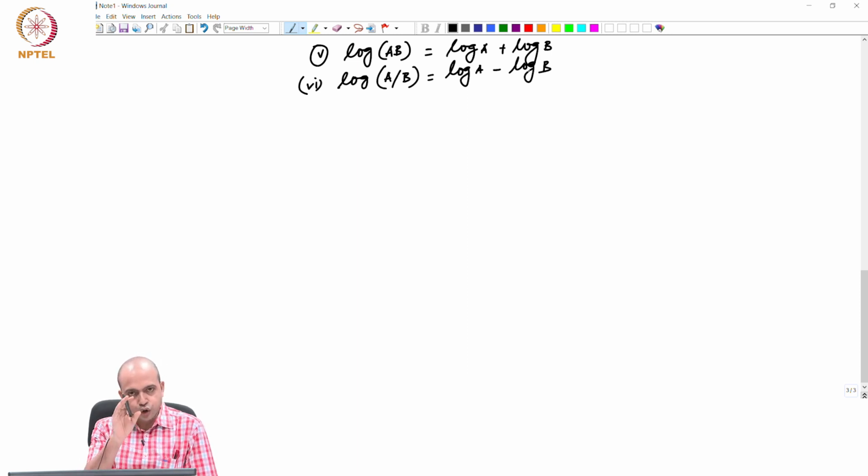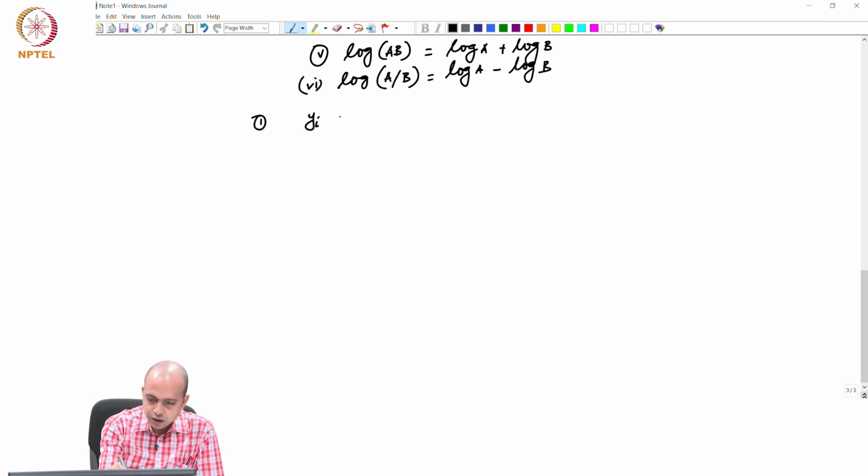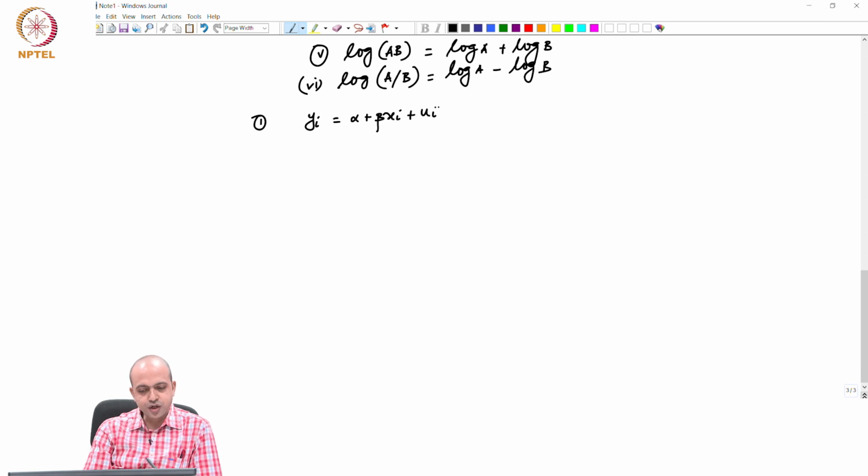Now, we will take all those 4 models one by one and try to interpret the beta hat. So, model number 1, which is a linear model, yi equals alpha plus beta xi plus ui. This is the linear model, and what is the interpretation of beta hat from this model?